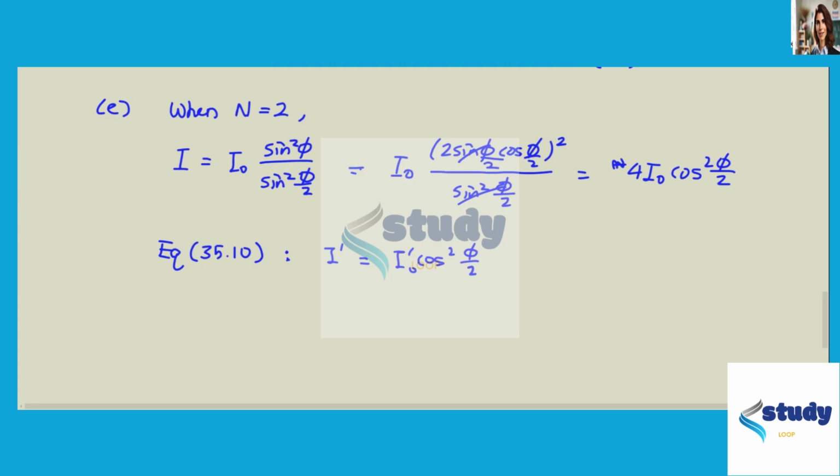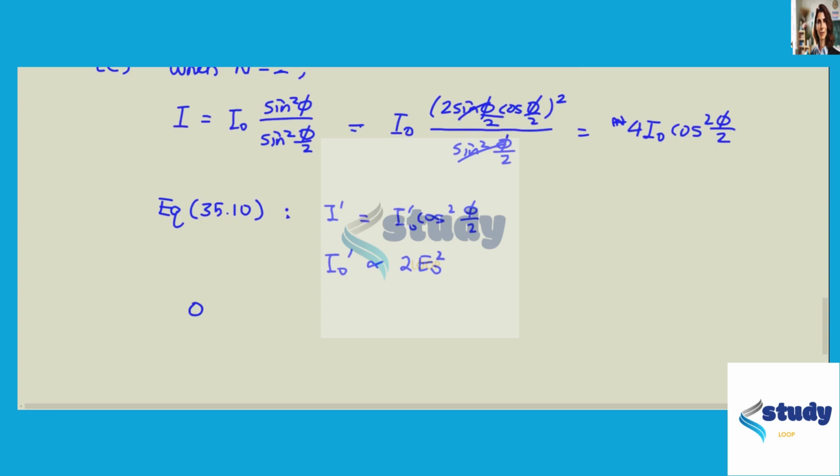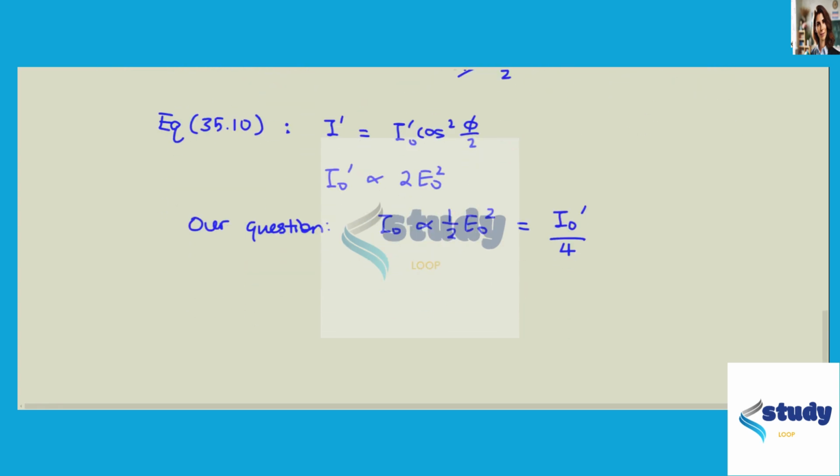In that case, I naught prime is proportional to 2 E naught square. In our case, our I naught is proportional to half E naught square, so this is equal to I naught prime divided by 4. E naught square is I naught prime divided by 2, and multiplying by half, you get I naught prime divided by 4. So you get I naught prime equals 4 I naught.